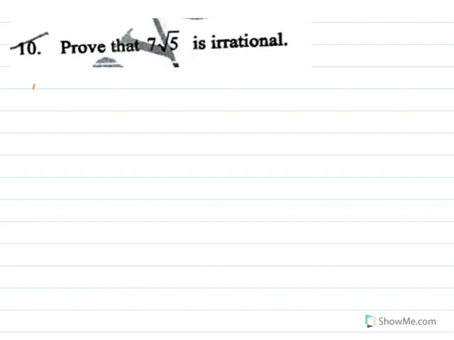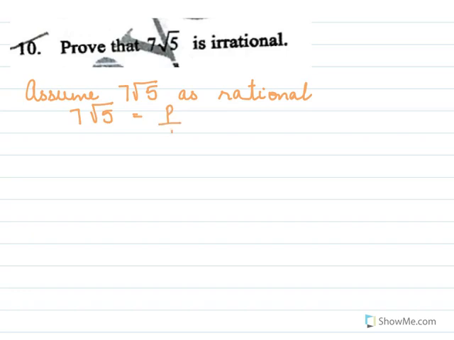Prove that 7 under root 5 is irrational. So we assume 7 under root 5 is rational. If 7 under root 5 is rational, so 7 under root 5 should be equal to P over Q, Q not equal to 0. So under root 5 will be equal to P over 7Q.